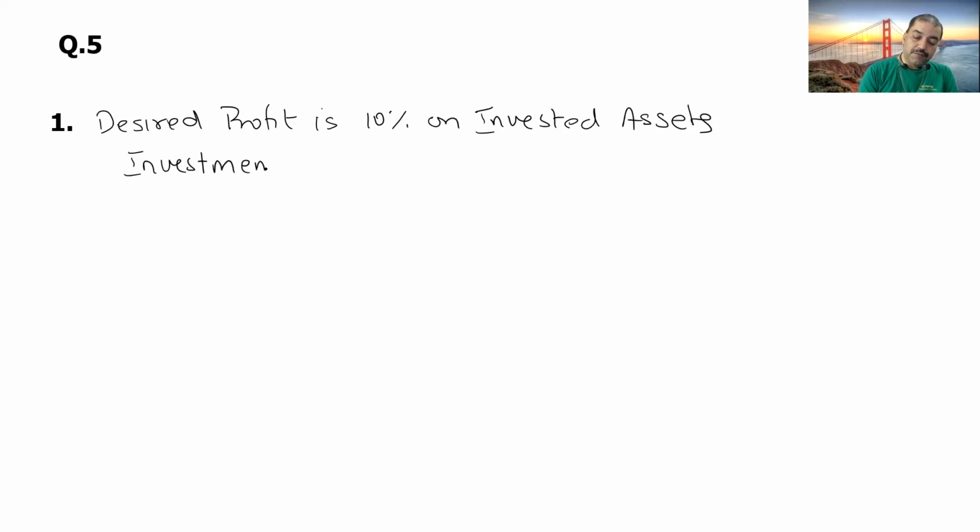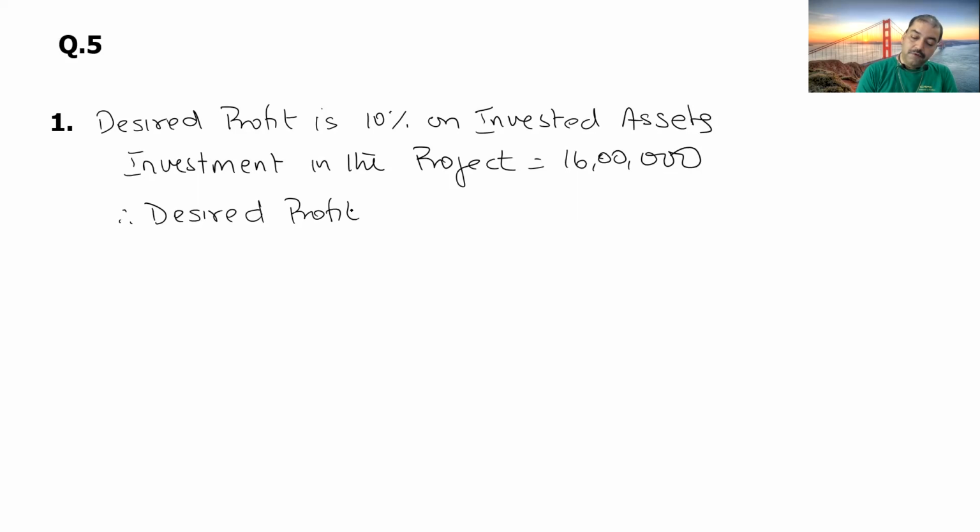Investment in the project equals 16 lakhs. Therefore, desired profit is equal to 10% of 16 lakhs, that is 1,60,000.